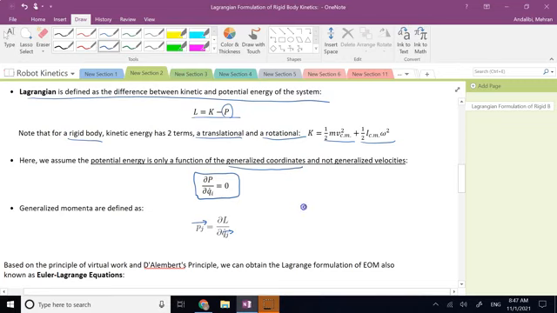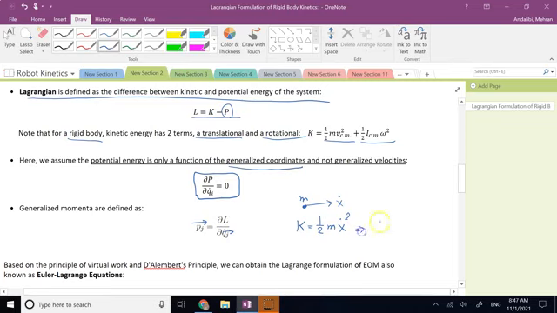Because if you remember, if I only have a single particle, let's say, moving with a velocity x dot, correct? The position of it is x, the velocity is x dot, and this is the mass. You clearly know that the kinetic energy for this is 1/2 m x dot squared, and the potential energy of it, P, is no function of x dot.